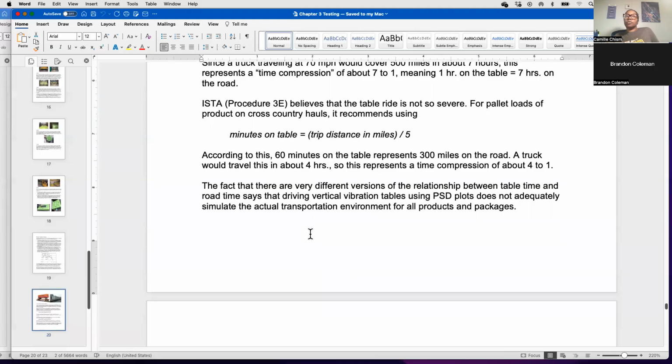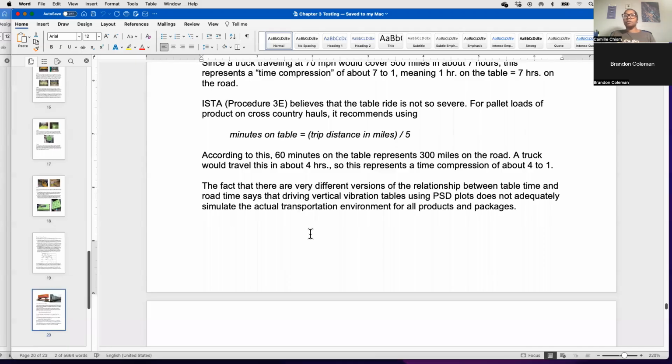You want to use your lab testing to identify opportunities for failure, make sure that you're designing robustly, not over designing, but you're looking for where the vulnerabilities could be, understanding again what your profile looks like for transportation and distribution.